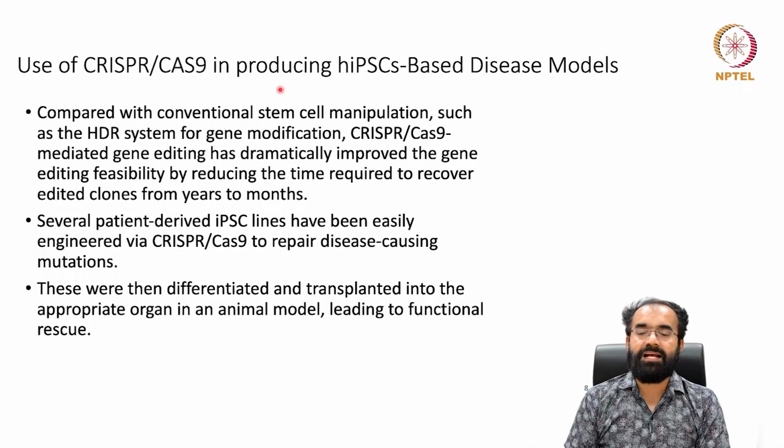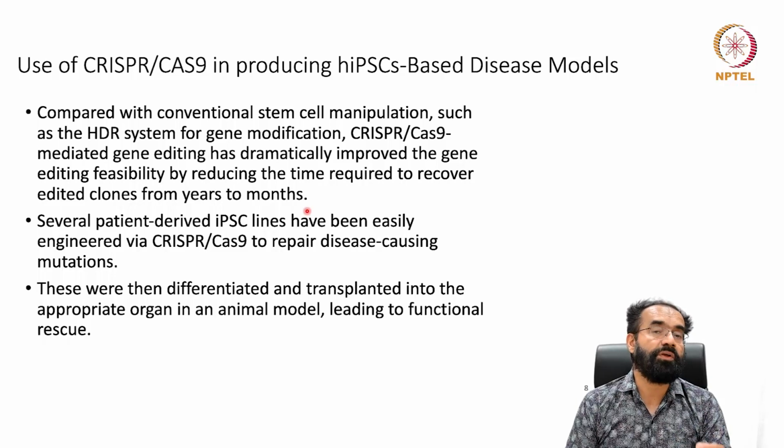Now, using CRISPR-Cas9 in producing human iPSC based disease models. Let us see some examples. Compared with conventional stem cell manipulation such as the HDR system for gene modification, CRISPR-Cas9 mediated gene editing has dramatically improved the gene editing feasibility by reducing the time required to recover the edited clones from years to months. Earlier it used to take 4 years, 5 years like that.